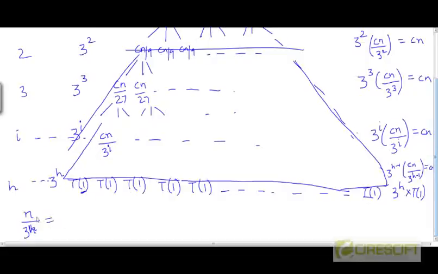So if we equate n by 3 to the power h to be equal to 1, we can get the height of the tree in terms of n. So this means 3 to the power h is equal to n, or the height of the tree is log n to the base 3.